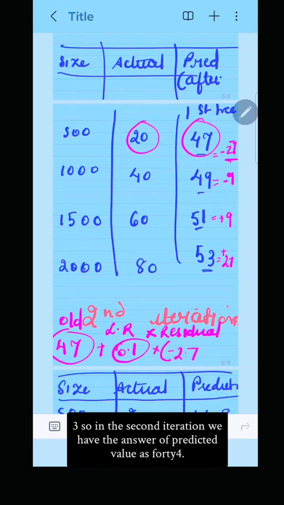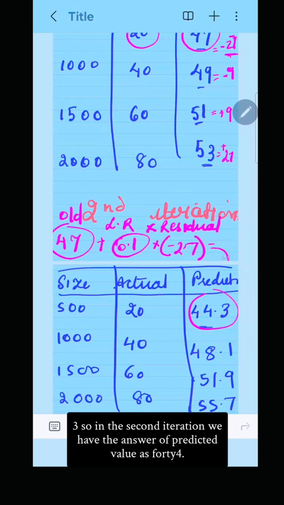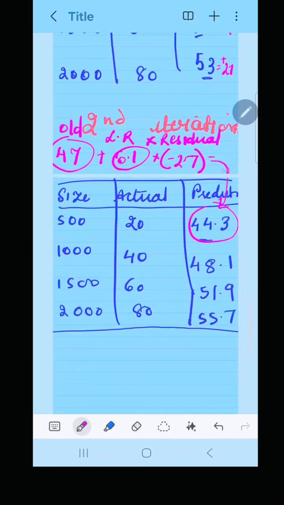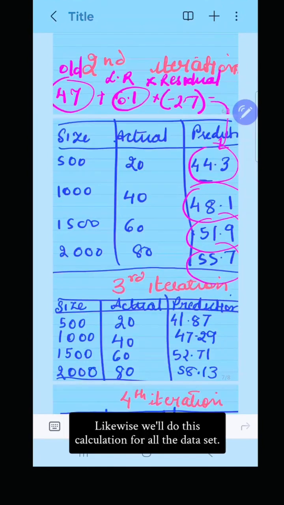So in the second iteration, we have the predicted value as 44.3. Likewise, we'll do this calculation for all the data set.